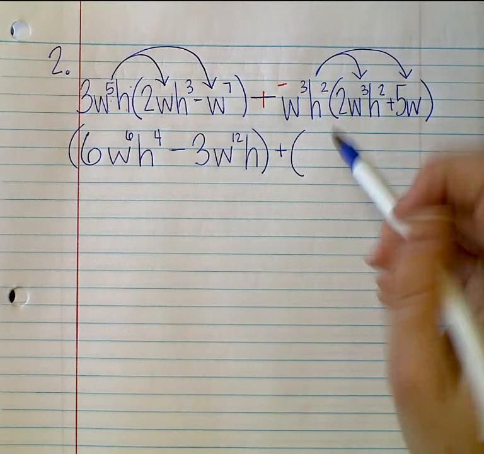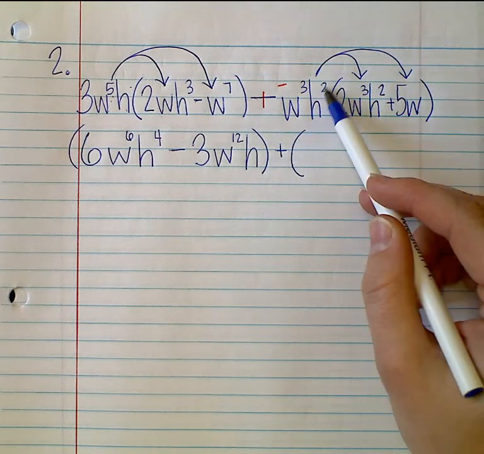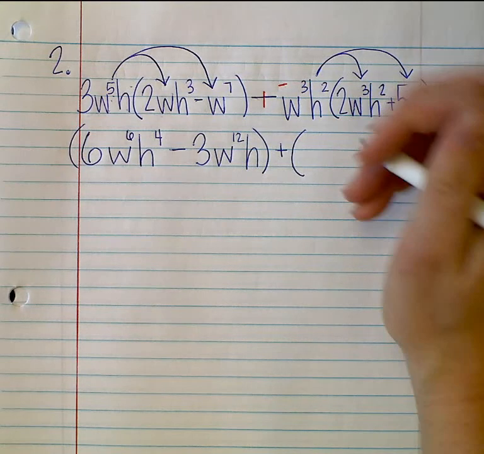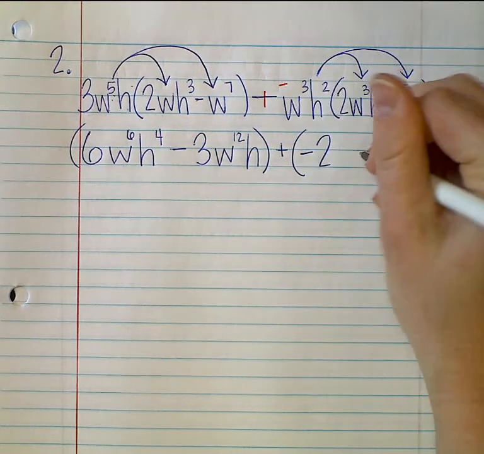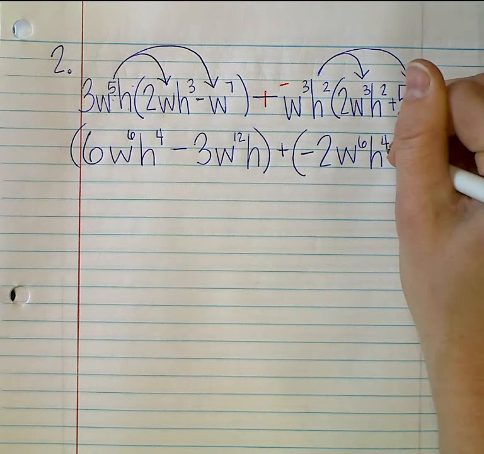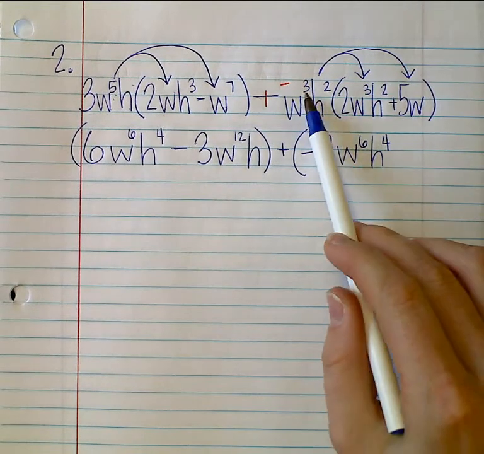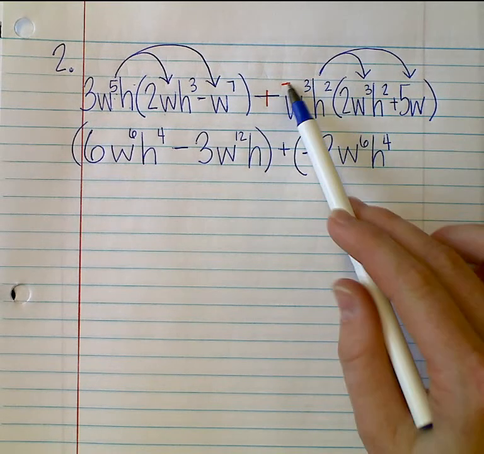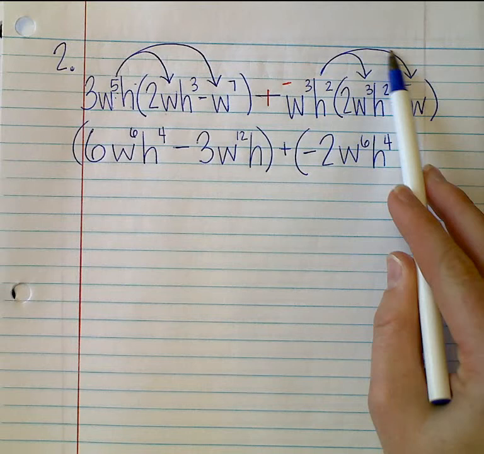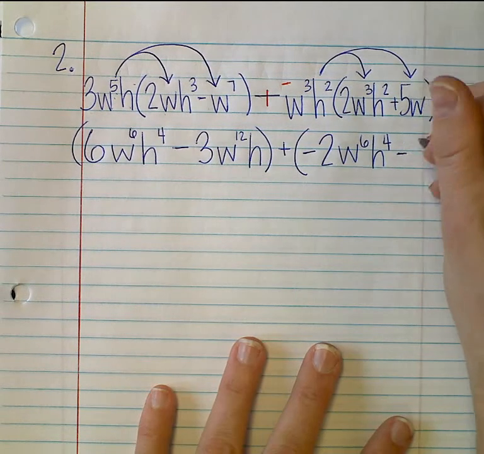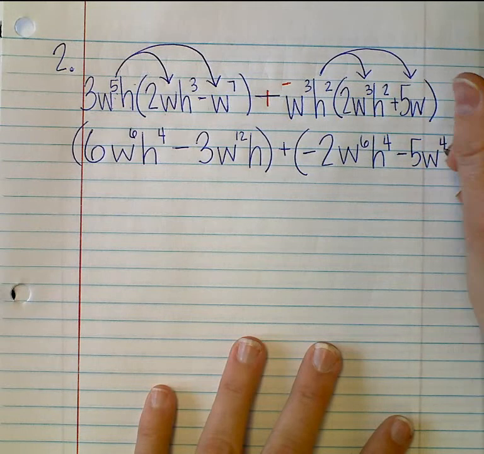Negative w cubed h squared times 2w cubed h squared will give us negative 2w to the 6th power h to the 4th power. We got this by adding the exponents of the like bases. Negative w cubed h squared times 5w will give you negative 5w to the 4th power h squared.